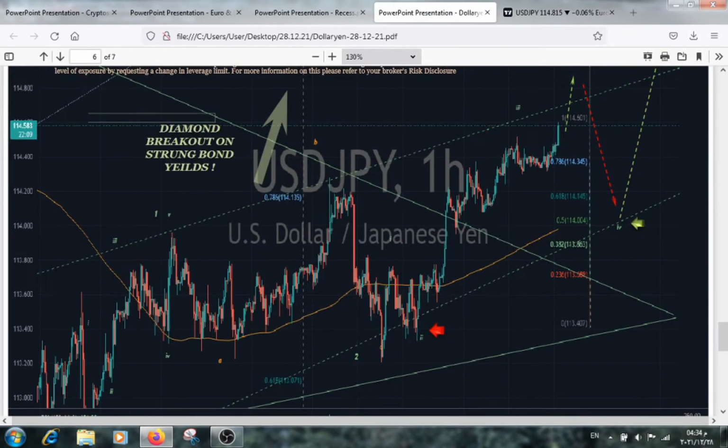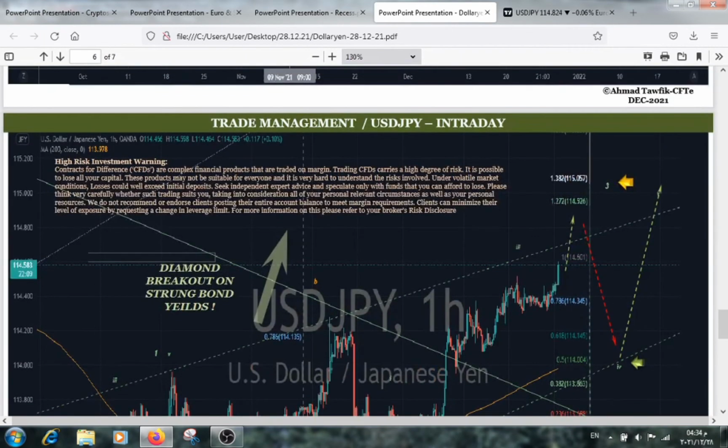We're looking to buy 113.9, 114, and 114.15 or 114.20. Stop is just 113.2, this level here. Next target is going to be 115. You could see this target within, we think, something like 2 days, 2.5 days. It's an intra-week target.